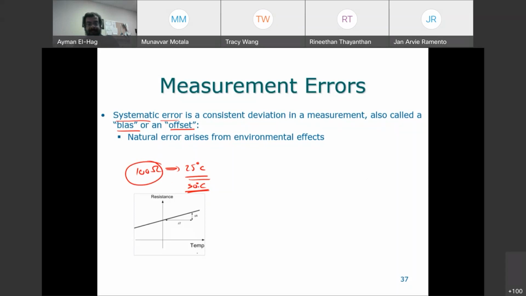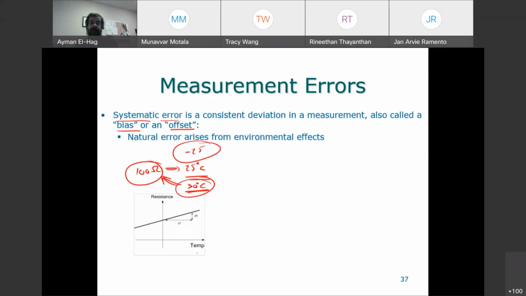Why? Because the temperature can impact your value. Someone may be laughing and saying, are you kidding me? What is 50 degrees centigrade? I lived for a while in Dubai, and that was a very normal temperature. Even if you go to minus 25, like today here, the same thing: the value will not be 100. It will be a different value.